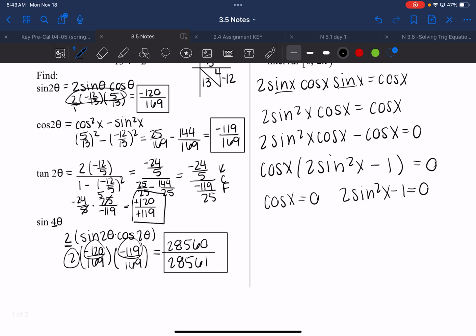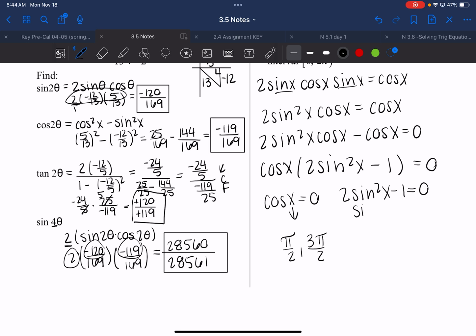Okay, so when I ask you where cosine of x is equal to 0, we're thinking about where is x, right? Where at? Pi halves, okay. And 3 pi over 2. All right. Okay, so those seem to be our solutions from this part, right? So for that other one, we're going to have to do a little bit of solving. I'll have to move the 1 over, and then I'll have to divide by 2.